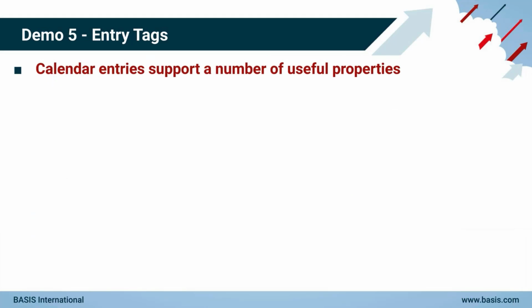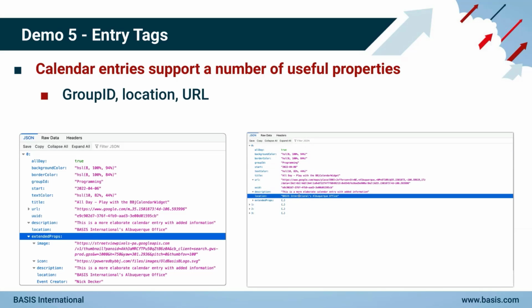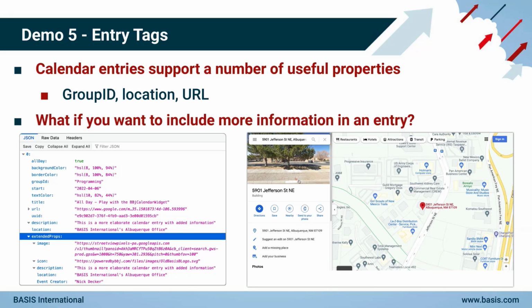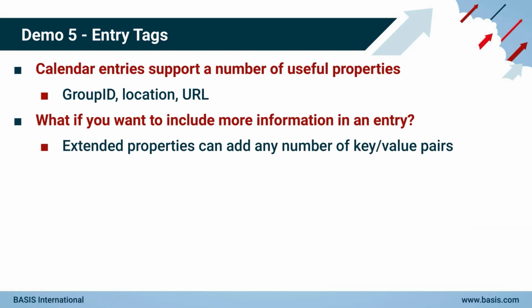As we've just seen, calendar entries support a number of useful properties for appointment information, such as group ID, location, and URL. But what if you wanted to include more information, such as an entry icon, a Google Map link with directions, who created or last modified the entry, etc.? Luckily, all calendar entries support extended properties that are simple key-value pairs, which we can use to store data like this.